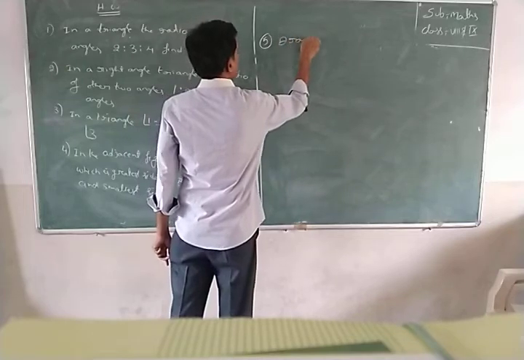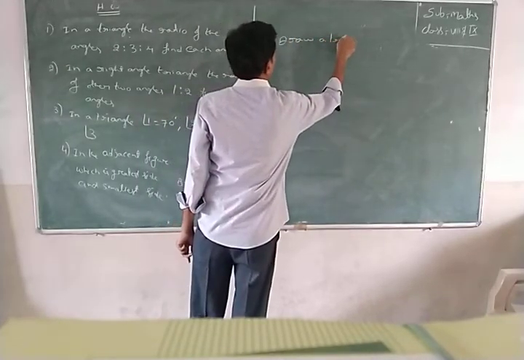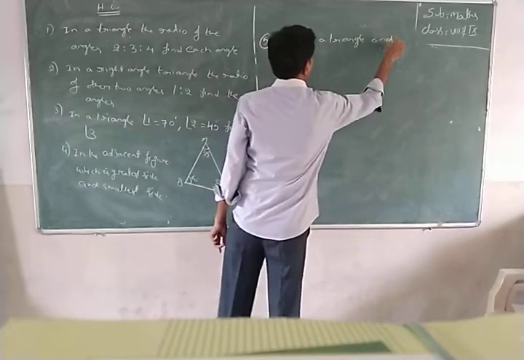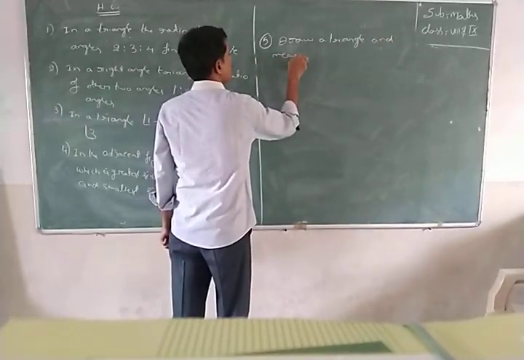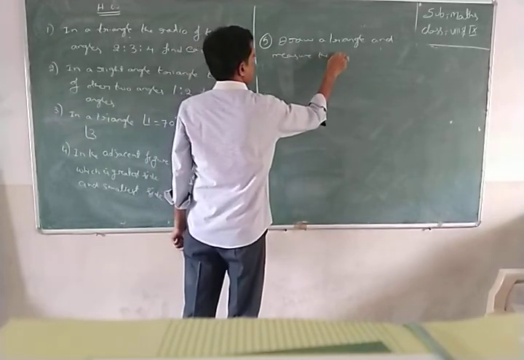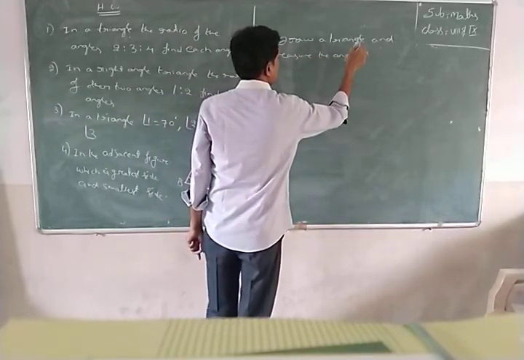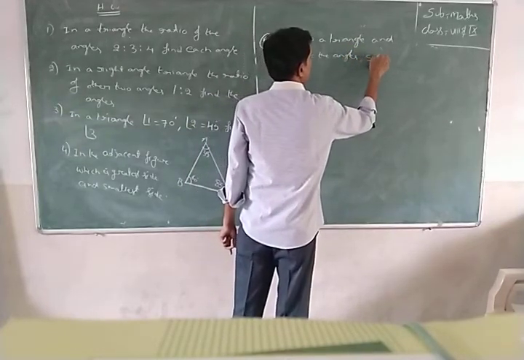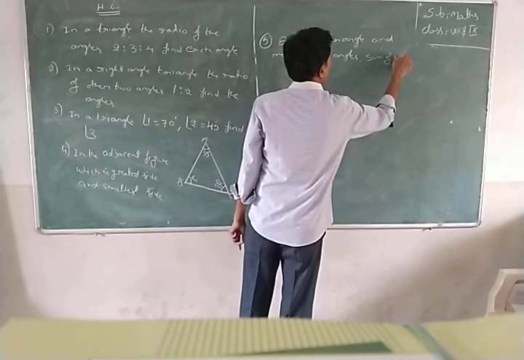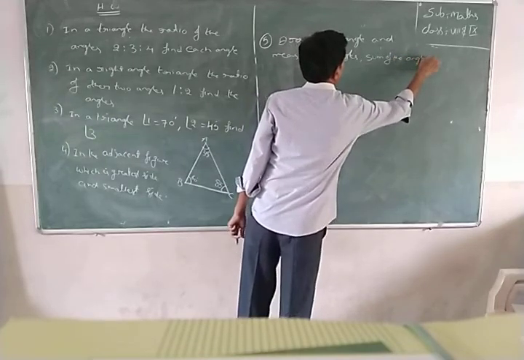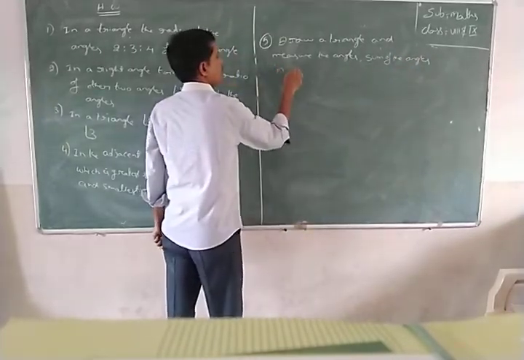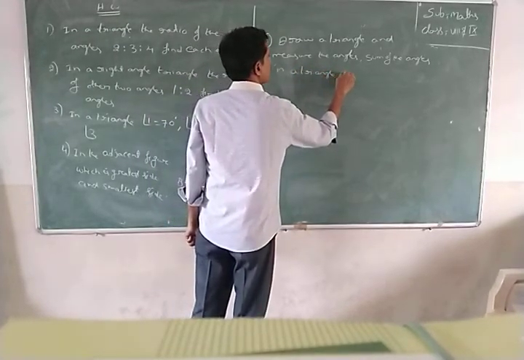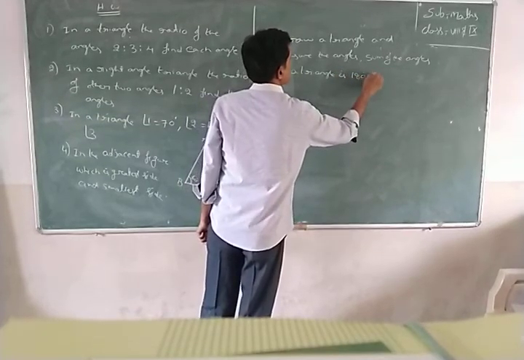Then, draw a triangle and measure the angles. Is the sum of angles in a triangle 180 degrees or not?